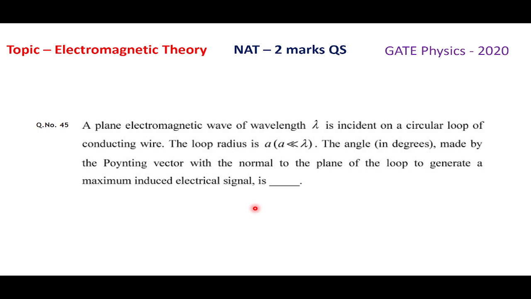Pointing vector, you know, right? So what's the problem? That doesn't depend on the loop. Only a circular loop is given to you. So you have to find the induced EMF, such that it is maximum. You don't have to worry about the structure of the loop. It doesn't really matter.